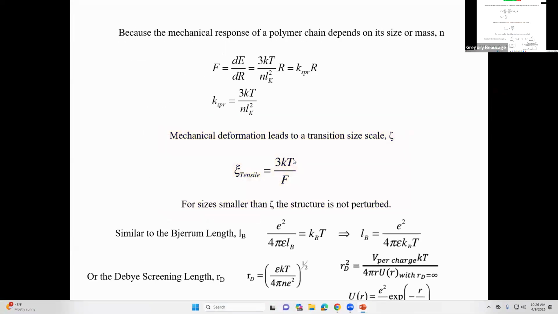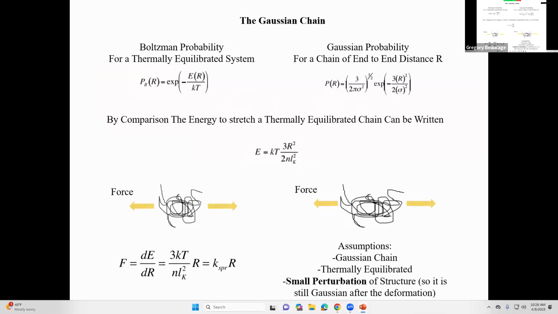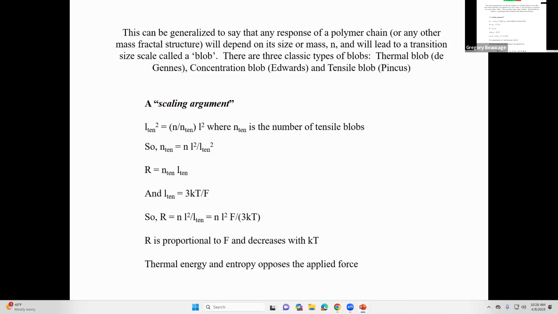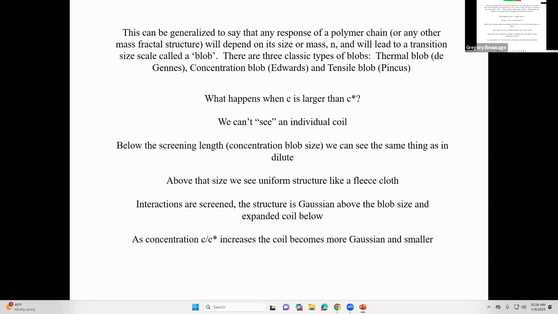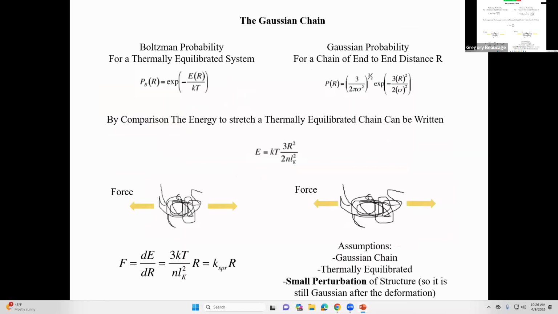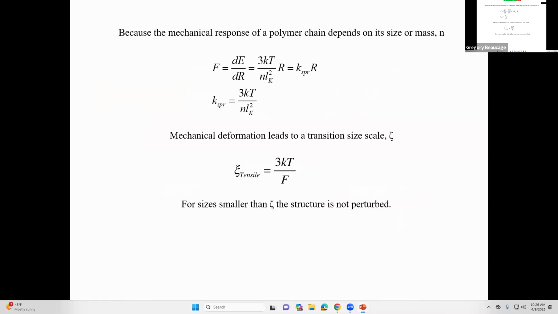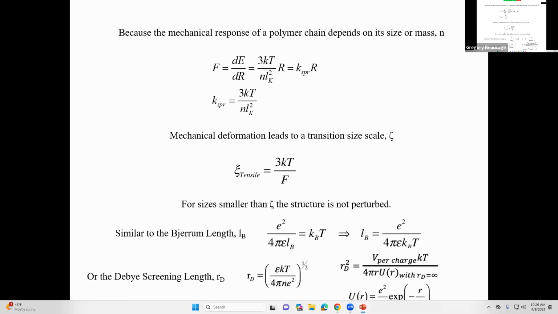Anyway, so this looks a lot like this idea of Bjerrum length and the Debye screening length. So here when you're at sizes larger than the, this is actually different, right?